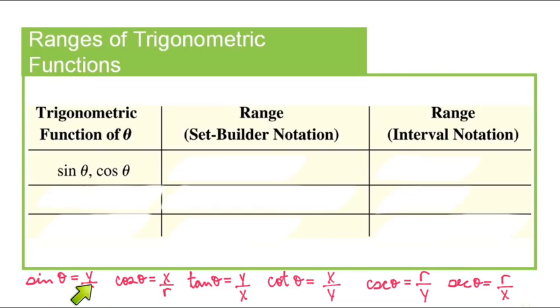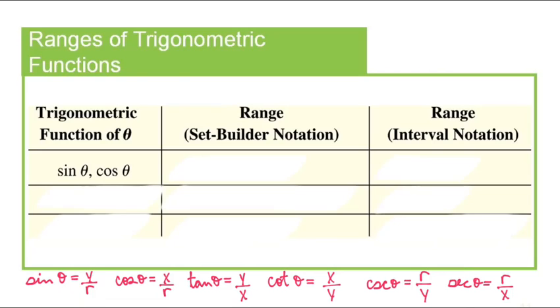Now you remember that r is the hypotenuse of a right triangle, y is the vertical side, x is the horizontal side, and the hypotenuse is always the largest side. So that means that y over r is always a proper fraction. y is smaller than r.